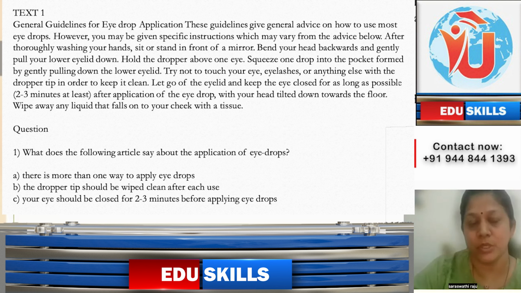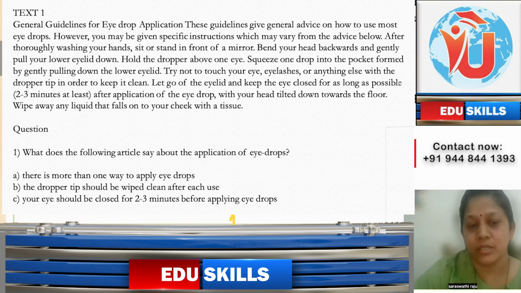So before we go to the text, we can identify this. What is the key word here in the question, about the application of the eye drops? In option A, there is more than one way to apply eye drops. So here we can see the scale, more than one way. So this is the keyword here.